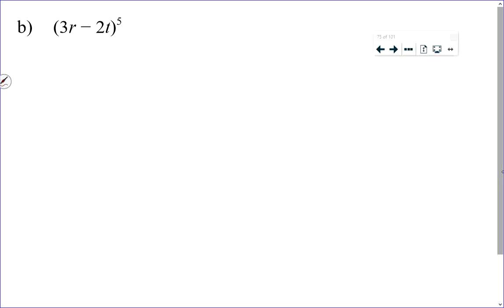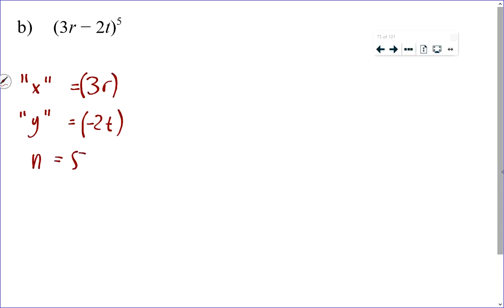So what's happening here, everybody, is our x is not x, it's 3r. Our y is not really y, it's negative 2t. And n is 5. Well, if n is 5, we're looking at the 6th row.